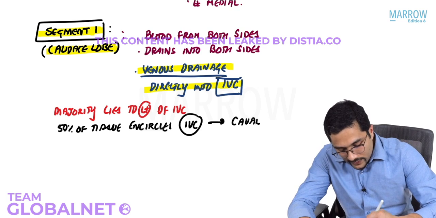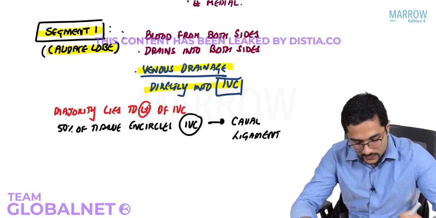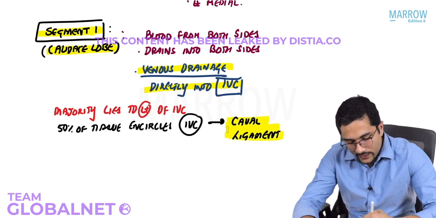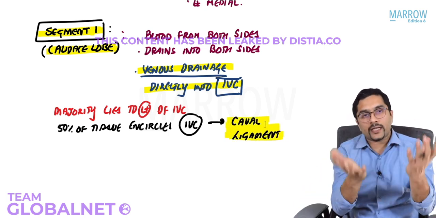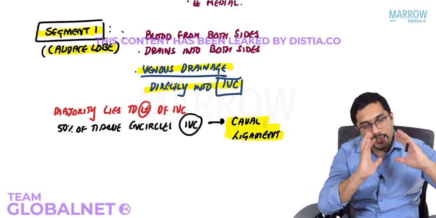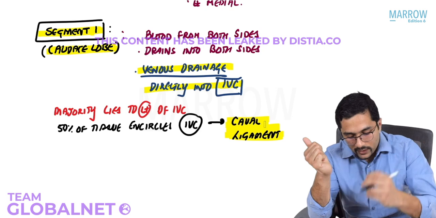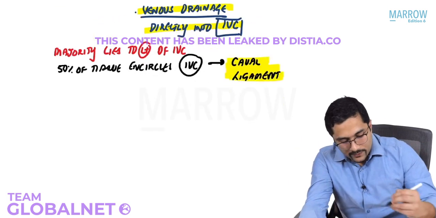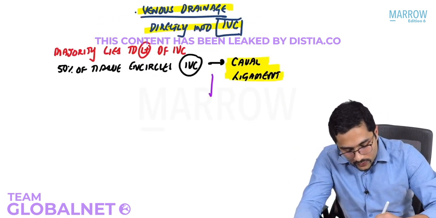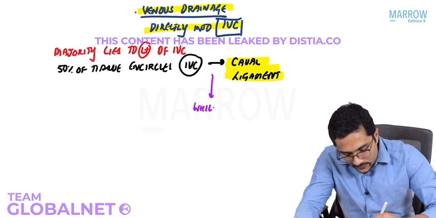This is written in the latest Sabiston, and this is something you should know about. This is an update: the caval ligament is 50% of the caudate lobe or segment 1. It encircles the IVC. And why is this important for us? This is important while mobilizing the liver.